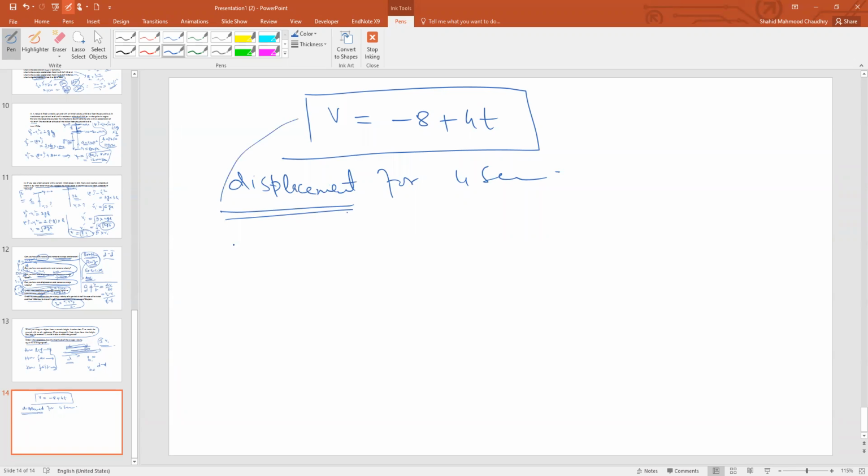Yes, total displacement over total time. This equation is in this form.